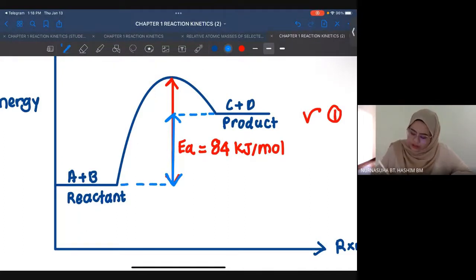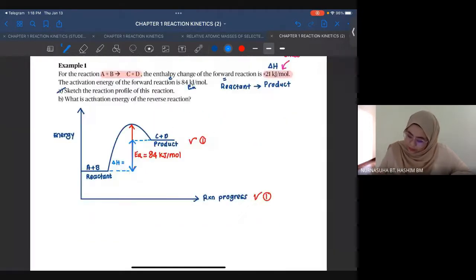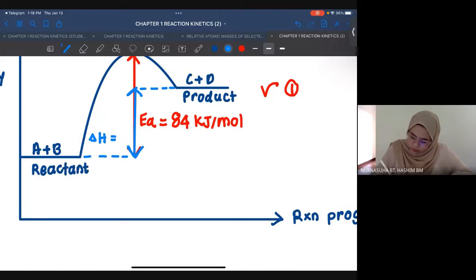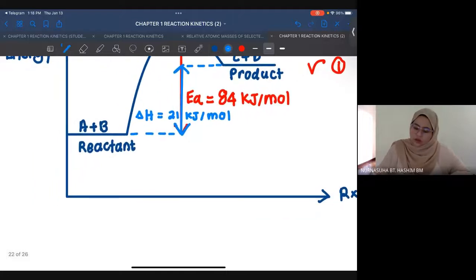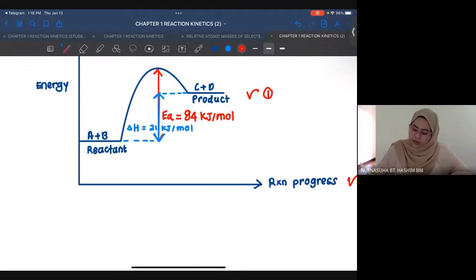So that is delta H. So delta H dia 20 berapa tadi? 21 kilojoule per mole. Okay. So dalam exam nanti, this one dapat markah. This one also you will get extra mark lah.